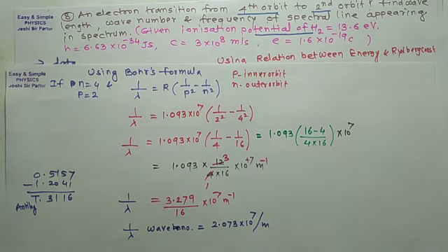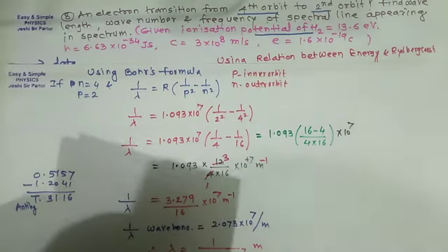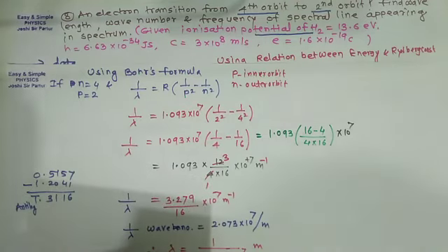If we find the reciprocal, therefore lambda is equal to 1 upon 2.073 into 10 raised to 7 meter. So what happens if we take the reciprocal of 2.073? The reciprocal of 2.0 in 7 is 0.4831, and in 3 7 the value is subtracted, it will be 4824.